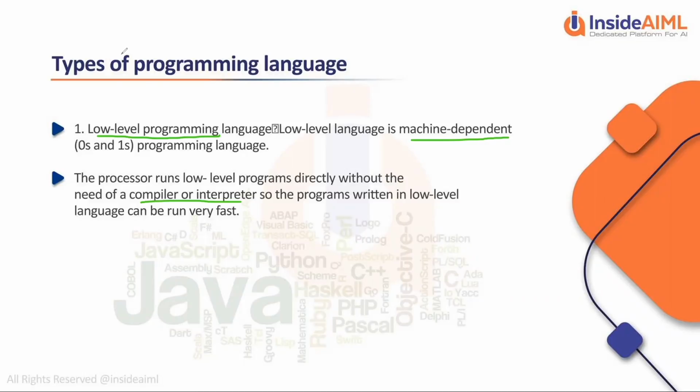Now, these high level programming languages, how do they work? Okay, so I will just ask you a question. Let's say you have got a project in Japan, and you're working as a data scientist on their project, but Japanese people, they don't understand English, they don't understand Hindi or any other language, so their preferred language is Japanese, right?